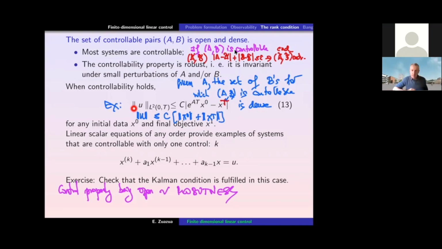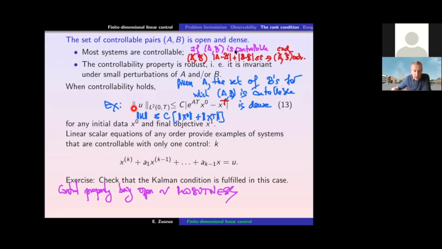What is this gap measuring? Right, if u is equal to 0, the distance, right?